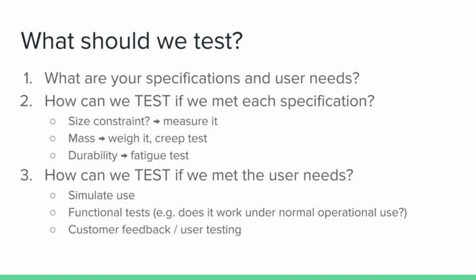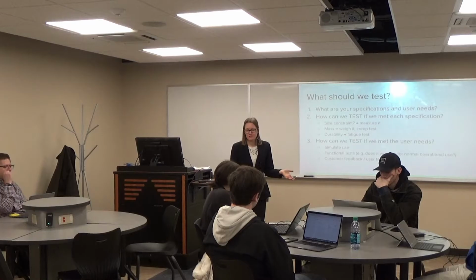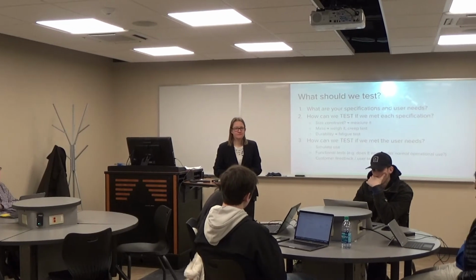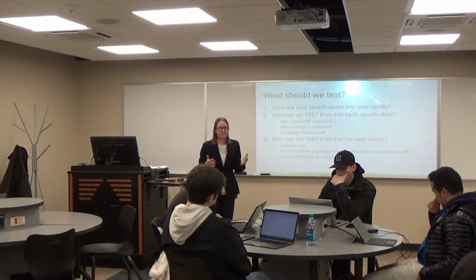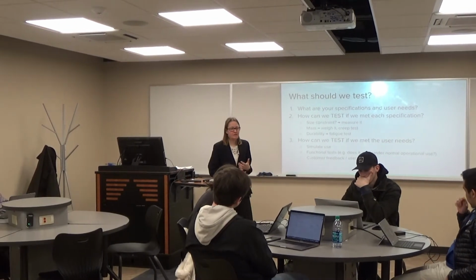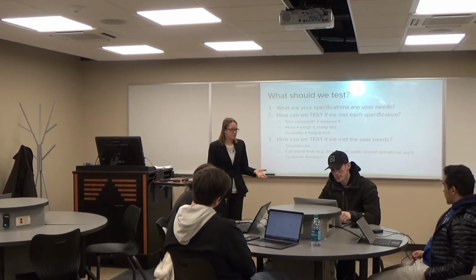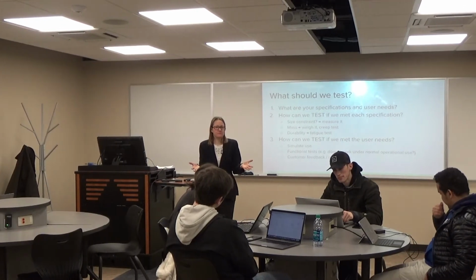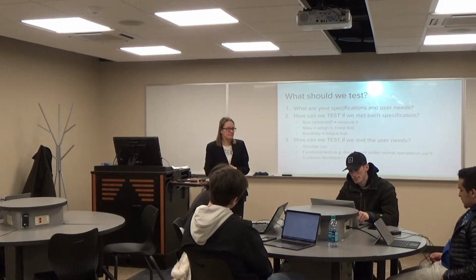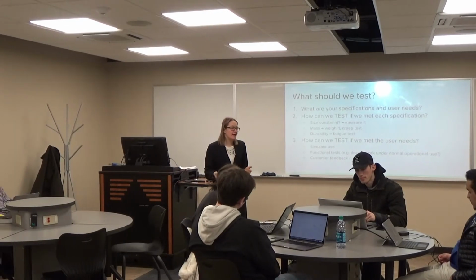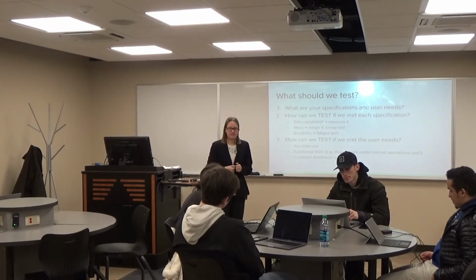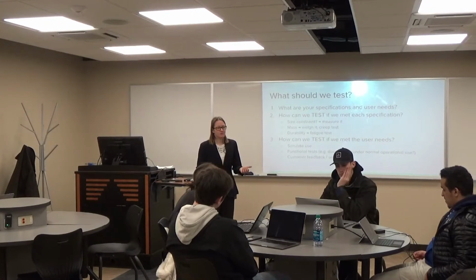It needs to fit in specific dimensions. Your test can simply be that you measure your solution and make sure it fits. Maybe it's mass, maybe it's durability. You can just weigh it. Do we meet the mass that we said we have to meet? Maybe somebody has to lift it and it can only be between 10 and 15 pounds. Just weigh it.